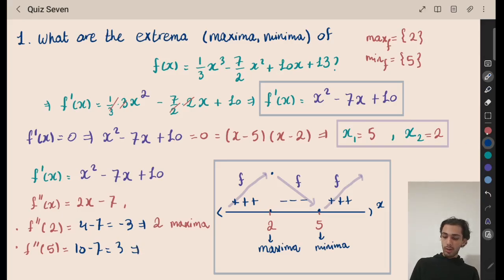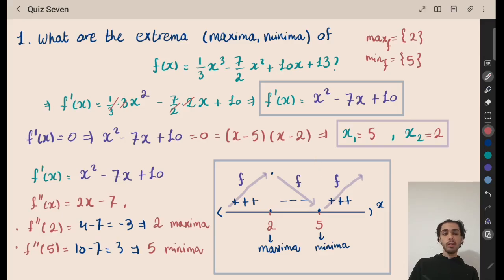So this means that 5 is a minima. So not only in one way we have solved this problem, we solved it in 2 different ways. You're of course free to choose whichever way you like to use.